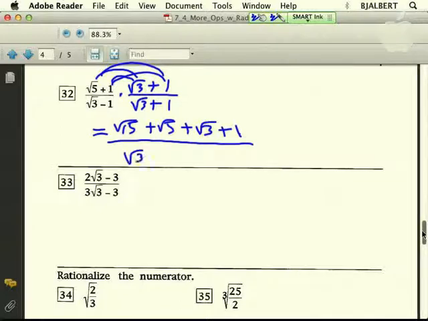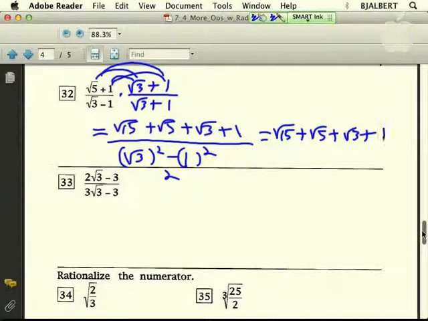And in the bottom we got the difference of two squares. So we're going to have 3 minus 1, which is 2 in the bottom. So the final answer is the square root of 15 plus the square root of 5 plus the square root of 3 plus 1 all over 2.